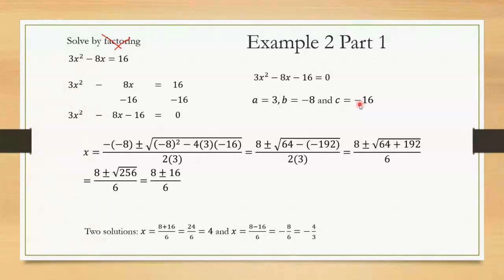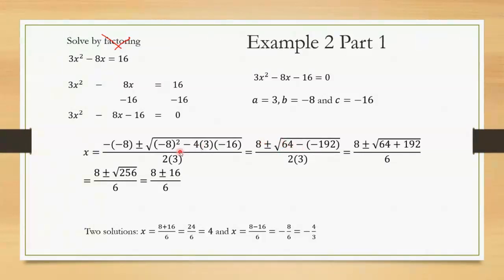Okay, so diving into the quadratic formula, we get x equals -8 plus or minus the square root of -8 squared, right? Minus 4 times 3 times -16 over 2 times 3. And so we have 8 plus or minus the square root of 64.